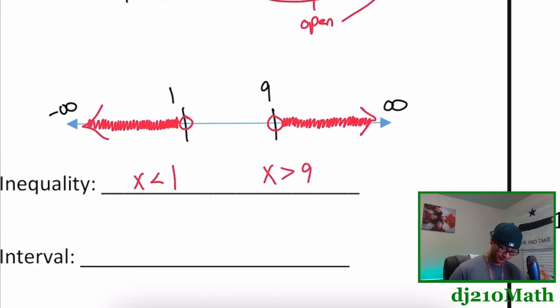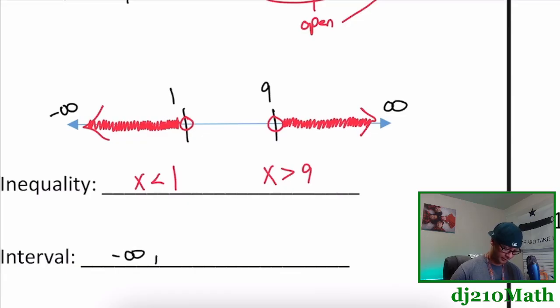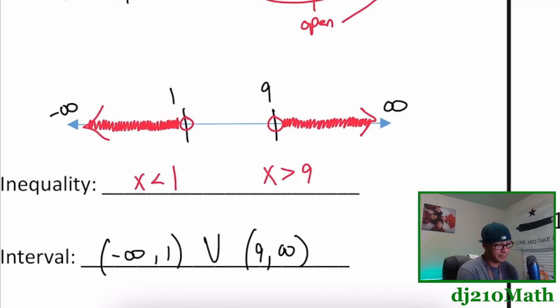For the interval, it's going to be negative infinity up to 1, parentheses, and then 9 to infinity, parentheses. And we union them together. The 2 pieces.